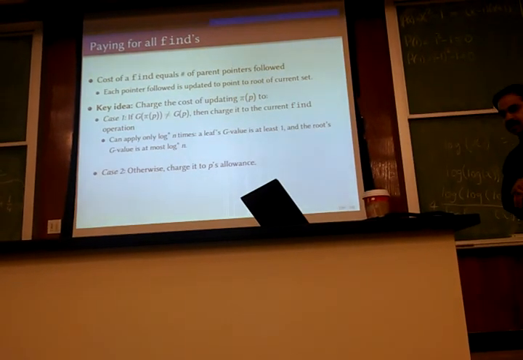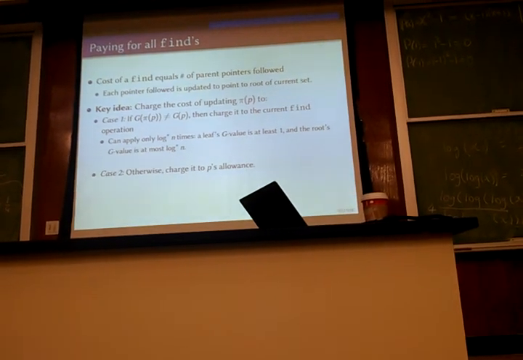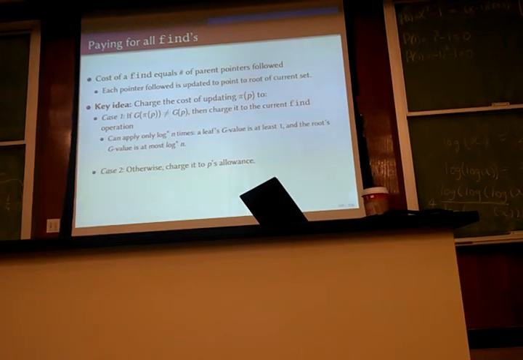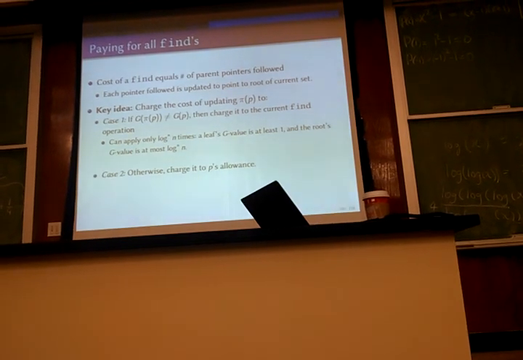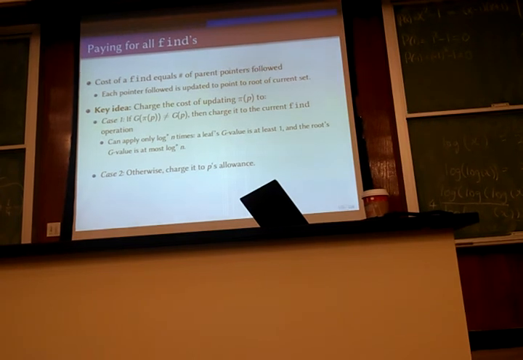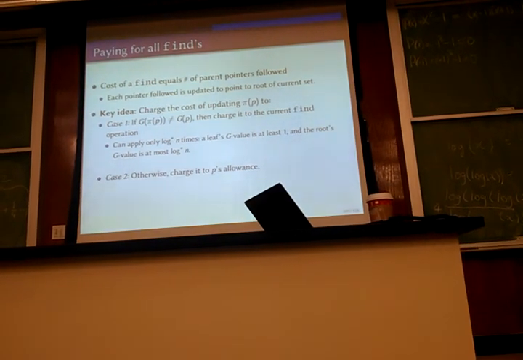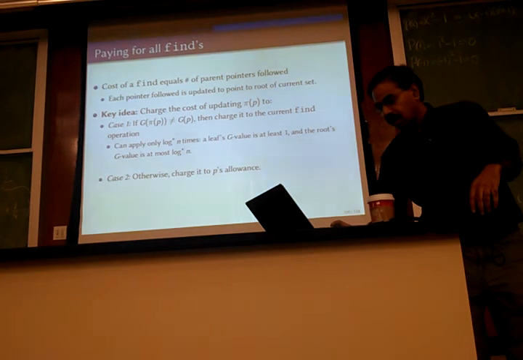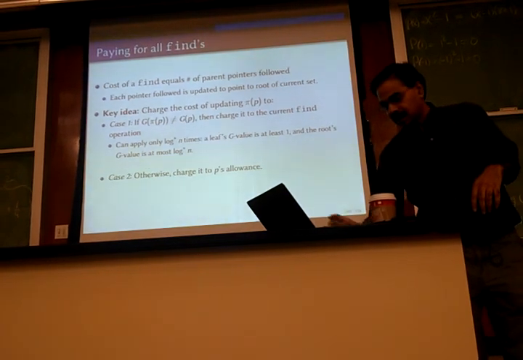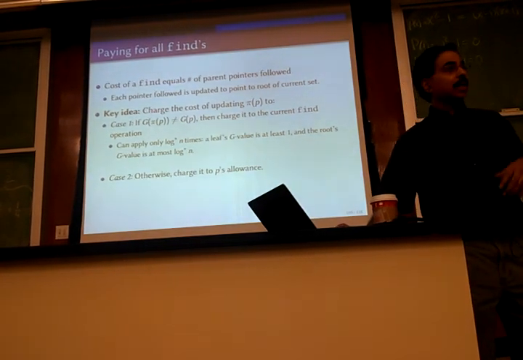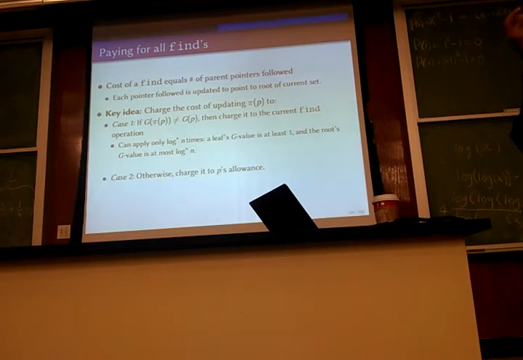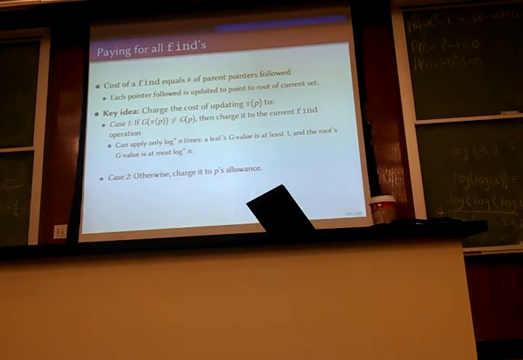The other case is, well, my parent is in the same group as myself. Now I can't charge it to find, because I cannot really count this as log star n, since the number of parents I could have that have the same G is quite a large number.